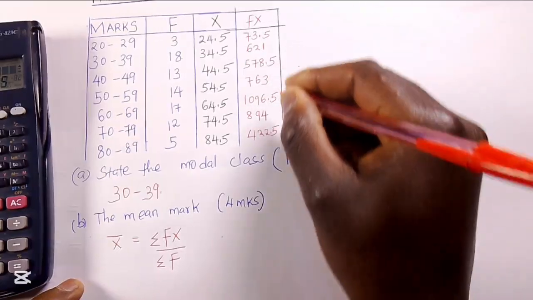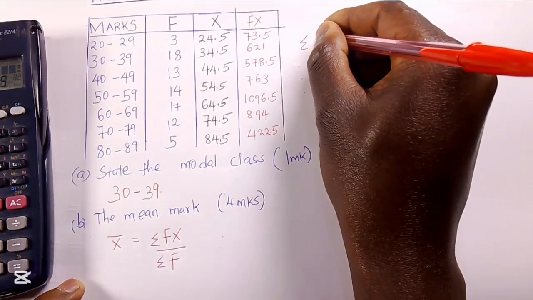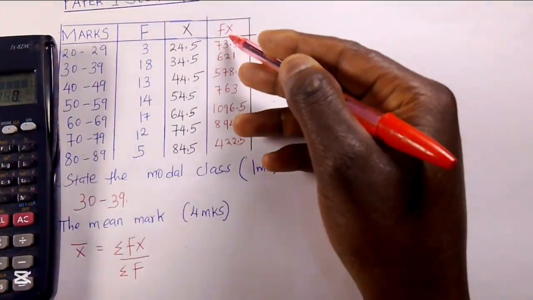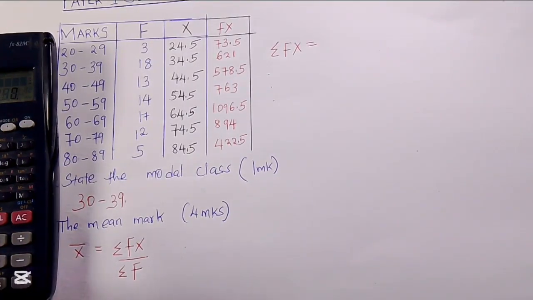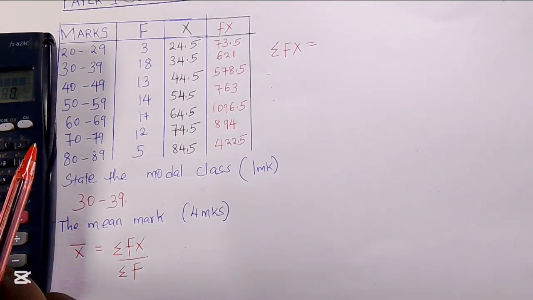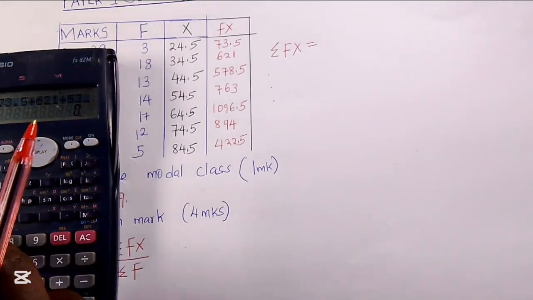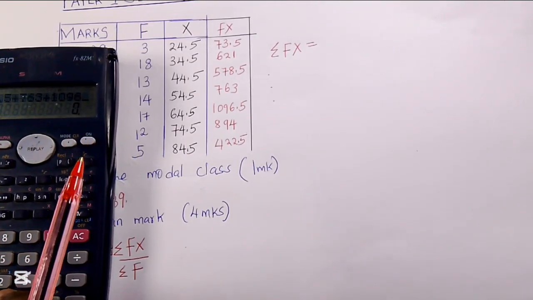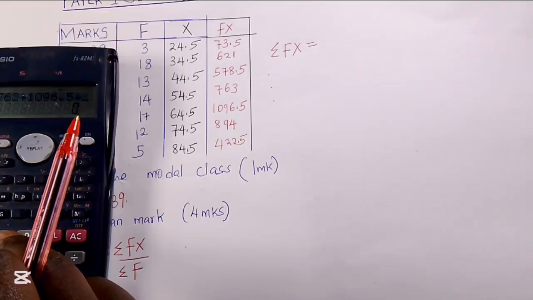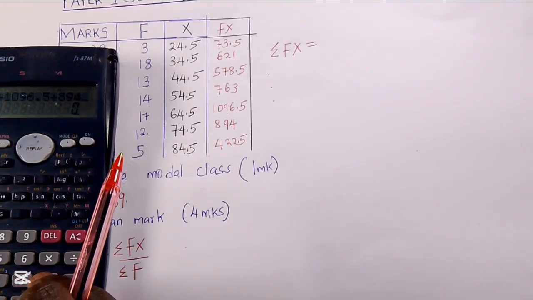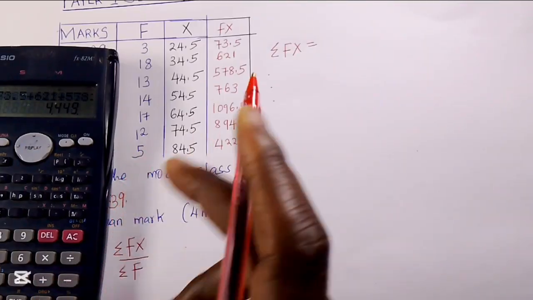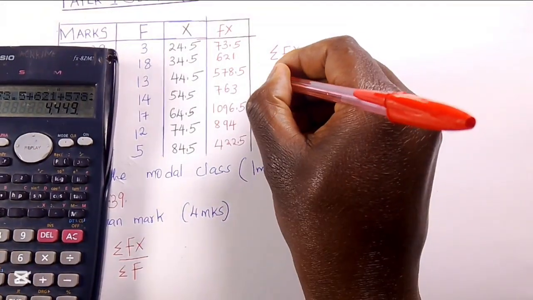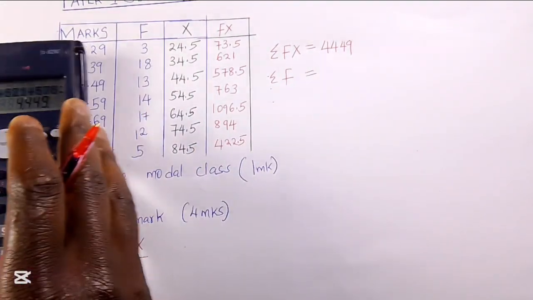Sum of fx simply means we will add all the fx here: 73.5 plus 621 plus 578.5 plus 763 plus 1096.5 plus 894 plus 422.5, and we will have 4,449 as the sum of our fx.